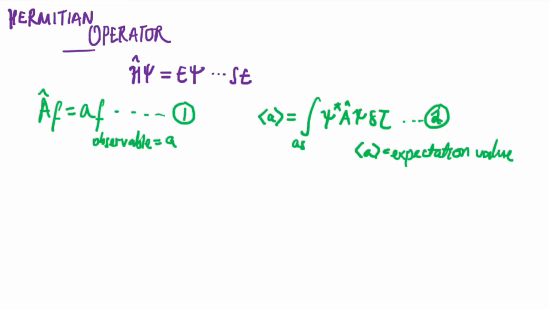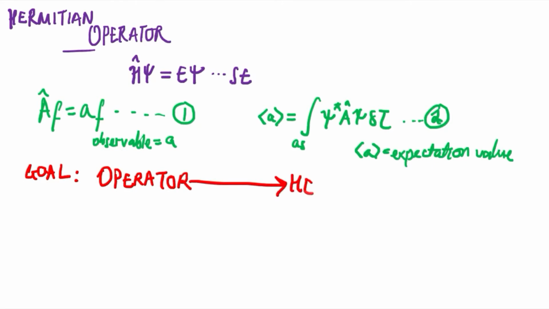So the goal of this particular video is to move away from operators and lean more towards Hermitian operators. So we're making A become a Hermitian operator. And how can we make this capital A a Hermitian operator?